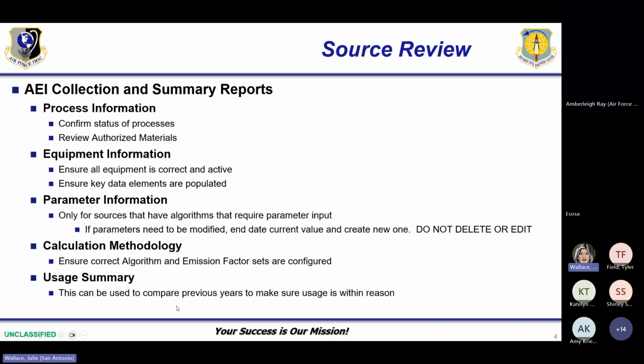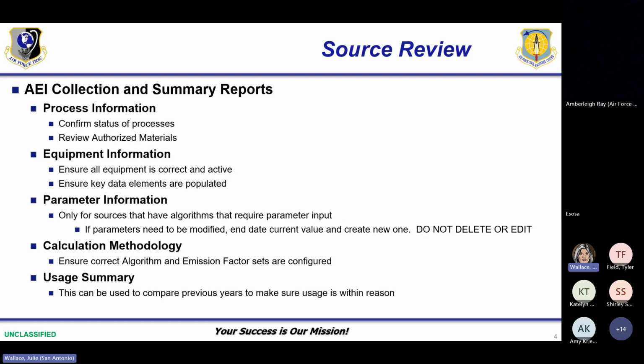And then the usage summary can be used to compare previous years to make sure this year is within reason. So for example, with my abrasive blasting booth, if I used 600 pounds last year, I wouldn't expect that I used 6,000 pounds this year, right? So you want to make sure that the numbers are within reason of each other.